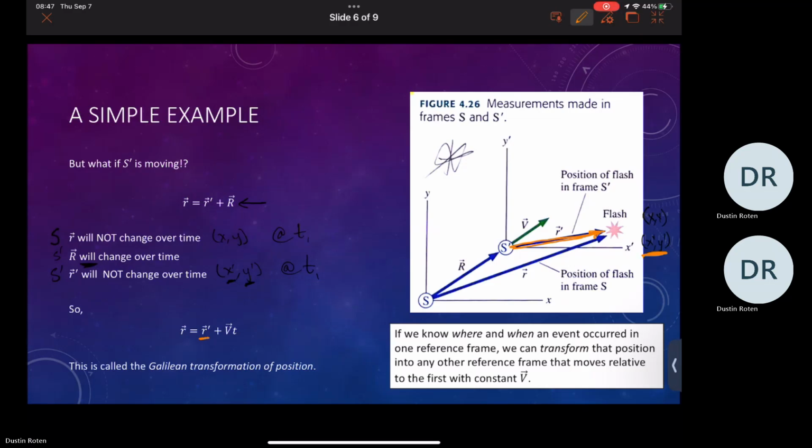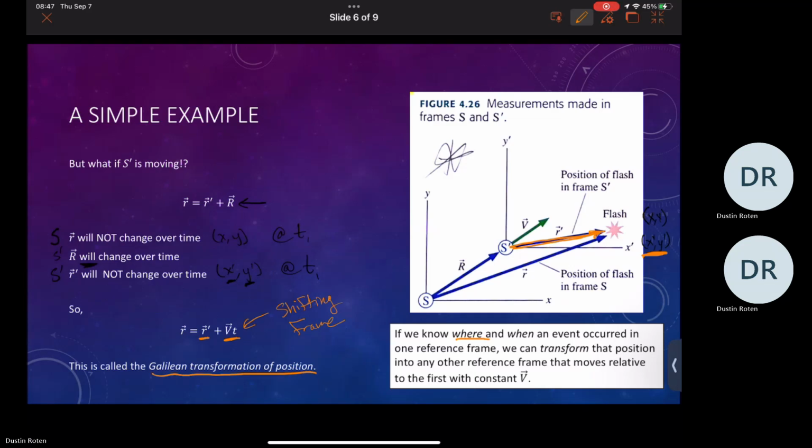Those numbers are not going to change. R prime is set. However, our origin, our reference frame, is moving. So we need to shift that reference frame to make up for the motion it is undergoing. So this is from the shifting. And this is called a Galilean transformation of position.